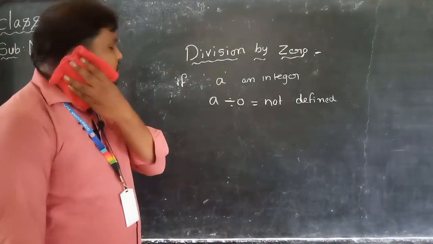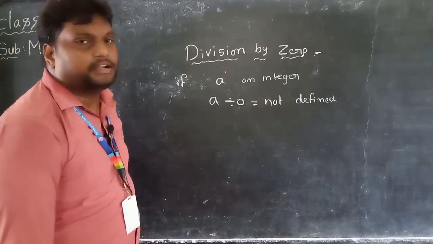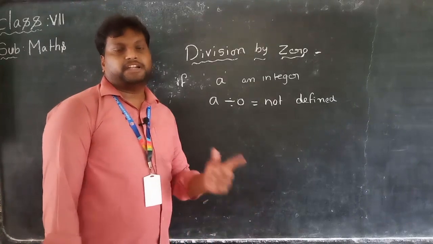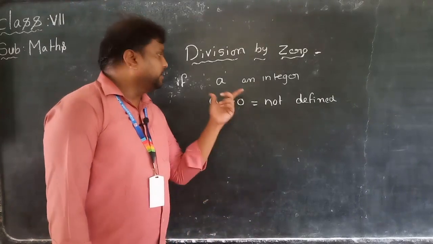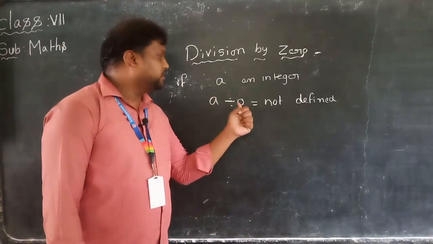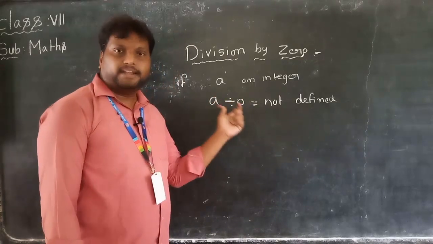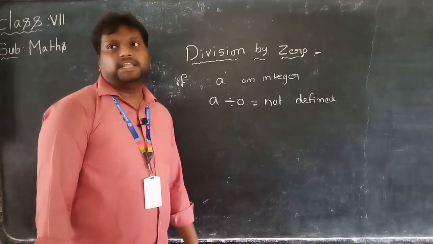Any number divided by 0, we can't say is not defined or infinity. We can't give a particular perfect answer. Any integer divided by 0 is not defined.